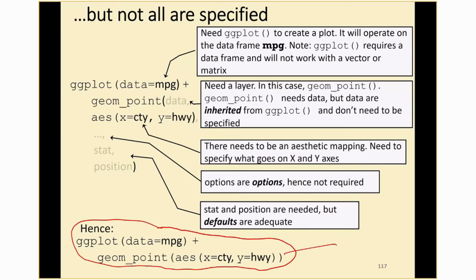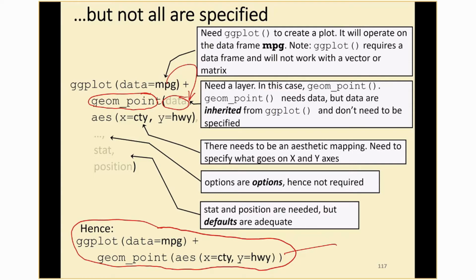What's going on is that although every geom is going to have these 5 things, they don't necessarily need to be specified. So for example, consider the data. I don't need to specify the data. It doesn't need to be specified even though it's required because the data will be inherited from mpg.